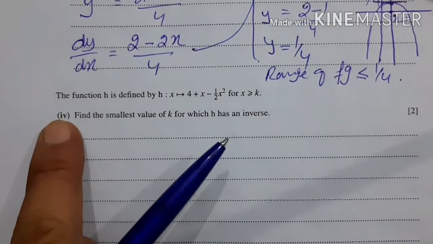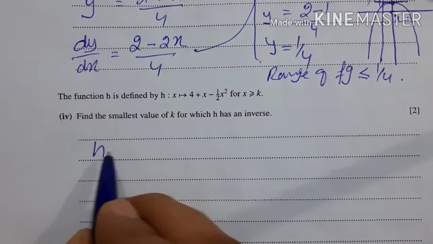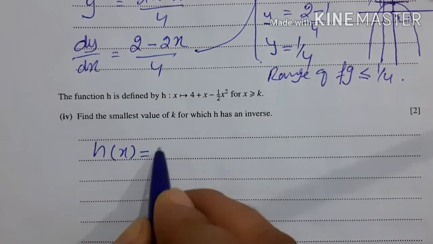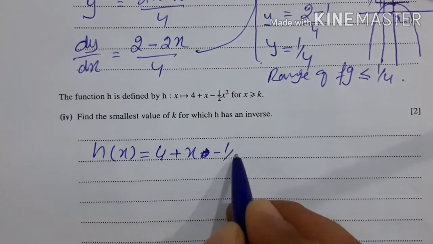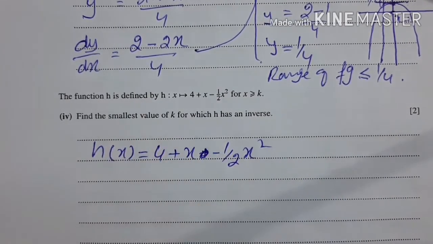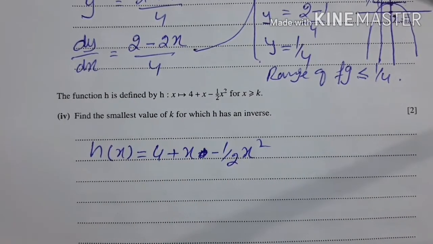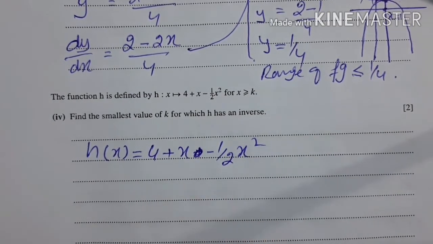Okay, fourth part. The function h is defined by this. So this is h(x) equals 4 plus x minus 1 over 2 x square. Find the smallest value of k for which h has an inverse. It means we need to find the line of symmetry.